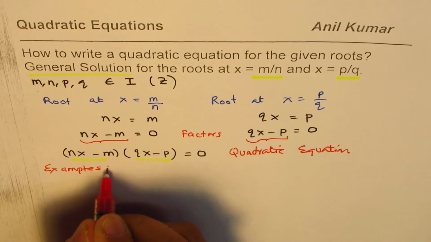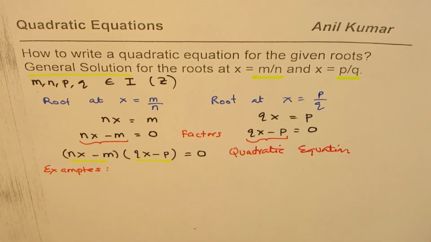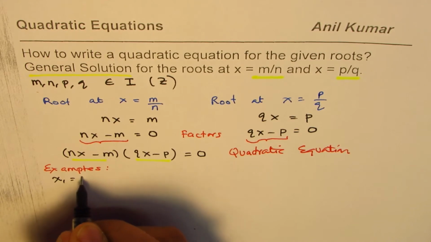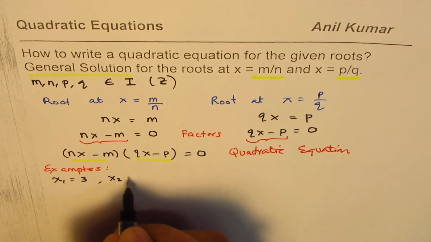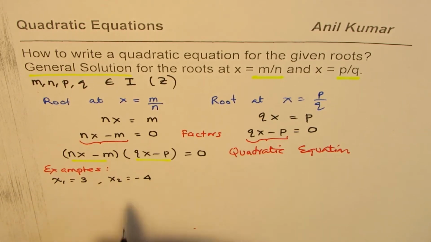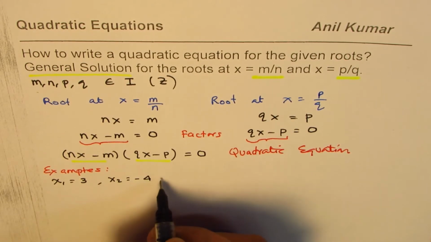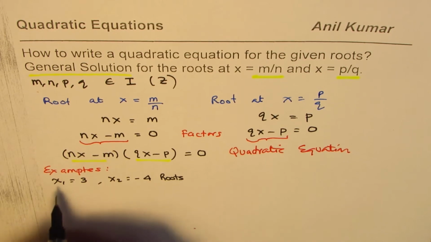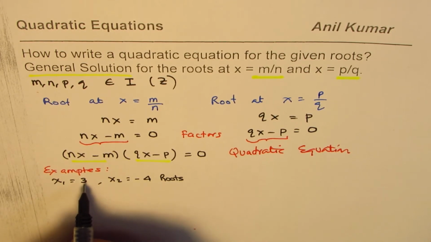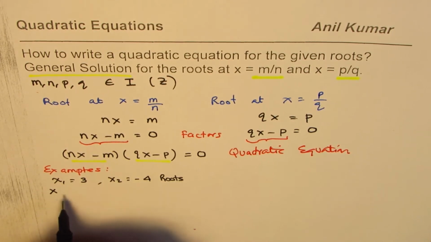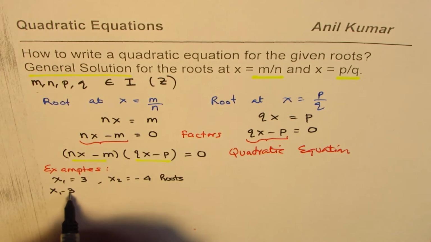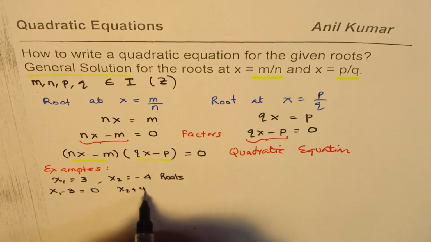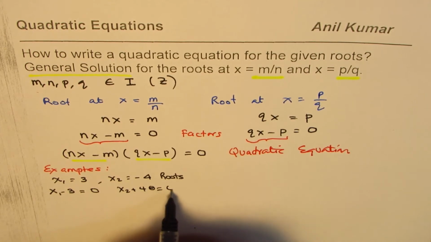So we'll take different kinds of roots, right? Let's take one example where the roots are x1 is, let's say, 3 and x2 is, let's say, minus 4. In that case, if these are the roots, then what can be the quadratic equation? Bring 3 to this side, so it is x1 minus 3 equals 0, and here will be x2 plus 4 equals 0.